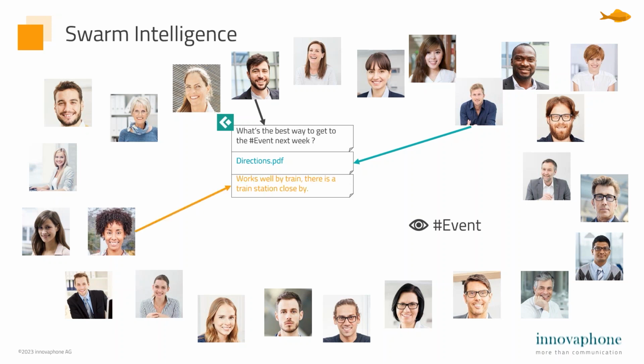Another colleague of his is posting, works well by train. There's a train station close by. And another one is telling him, hey, I'm driving anyway. Do you want me to pick you up somewhere? So again, this is a very nice example of how modern communication can be done much more productively and efficiently using our app called Connect.